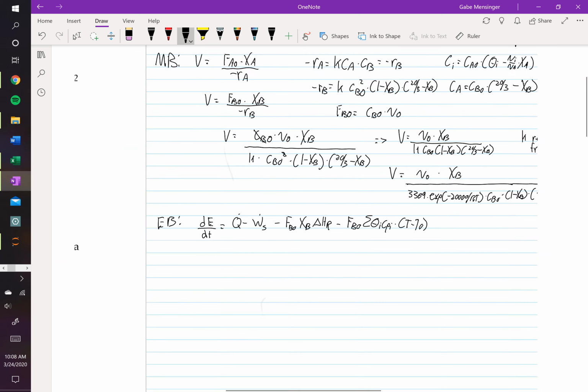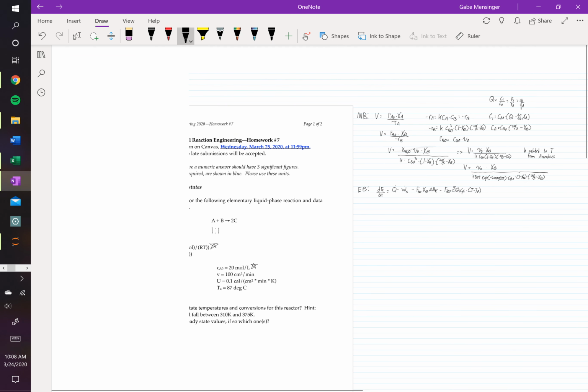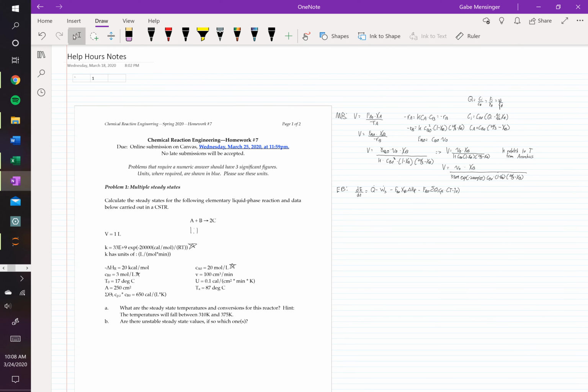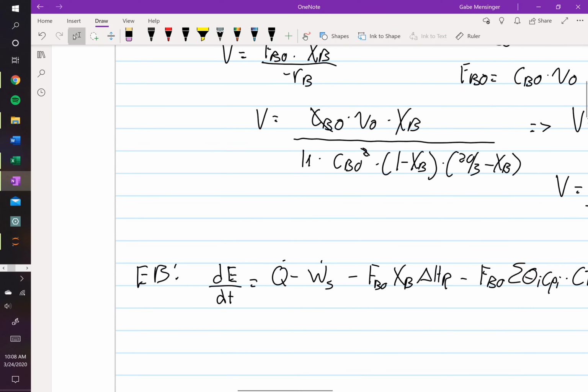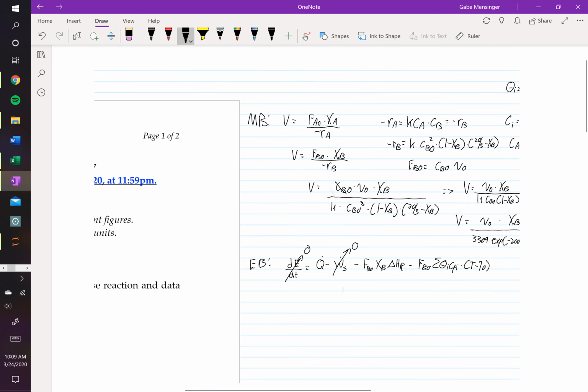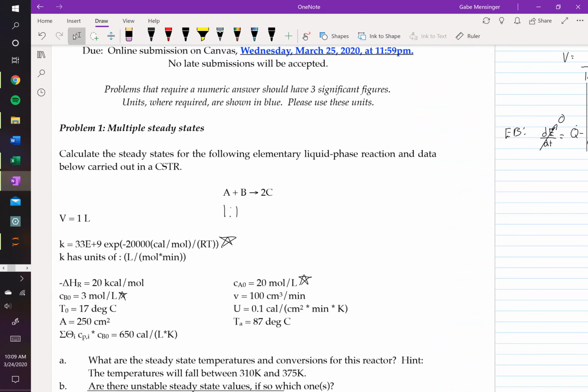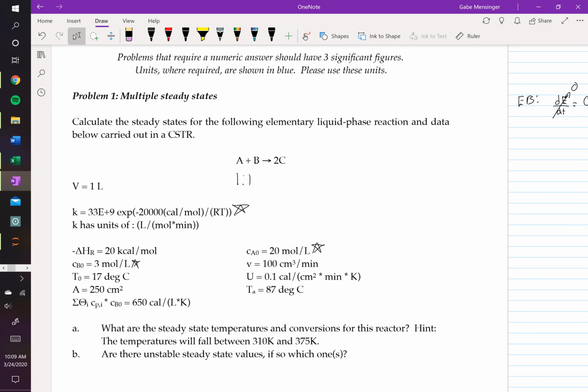All right, so in this case, we are trying to find the steady state conversions. So because we're trying to find the steady state conversions, we will assume that the accumulation term is 0. We're assuming no shaft work. Are we given any information about a jacket or it being adiabatic? So we're given a U and an A term indicating that we do have a jacket.